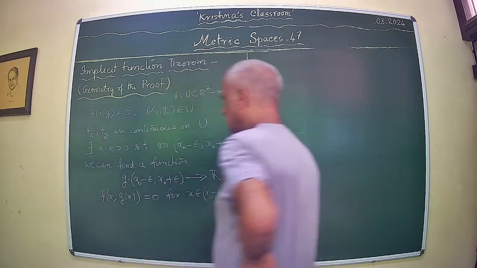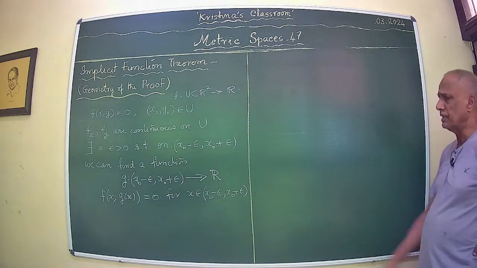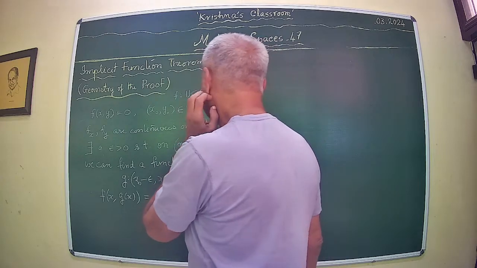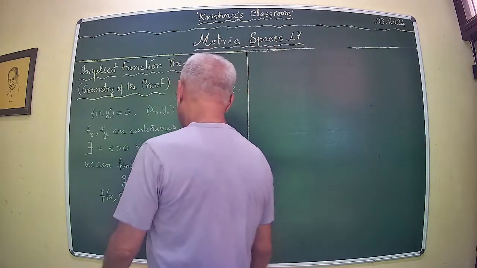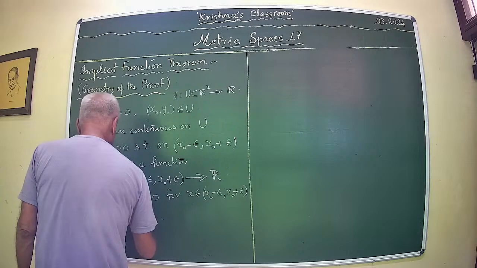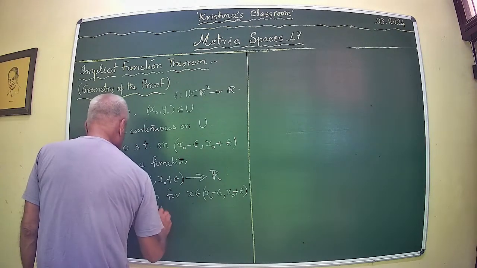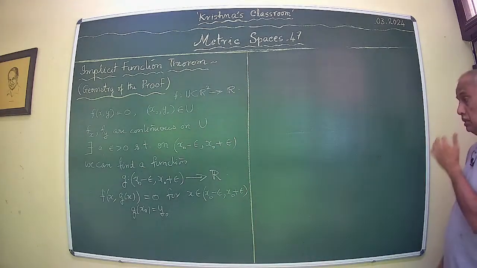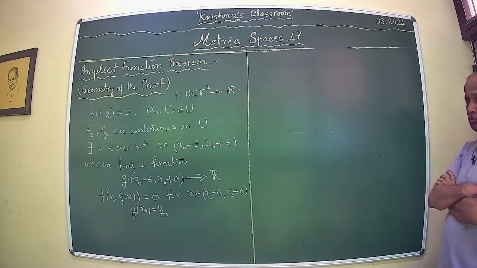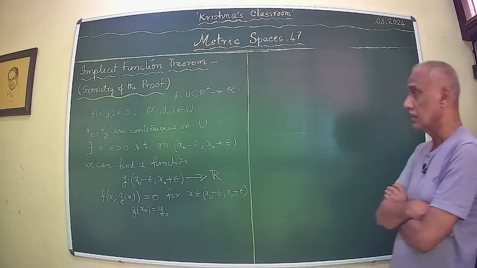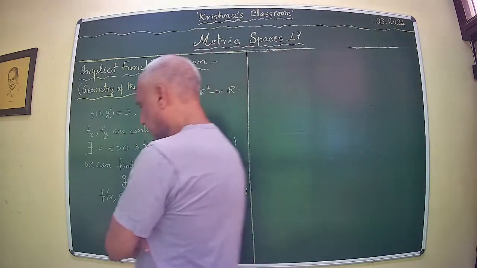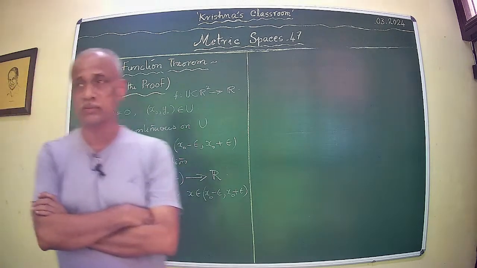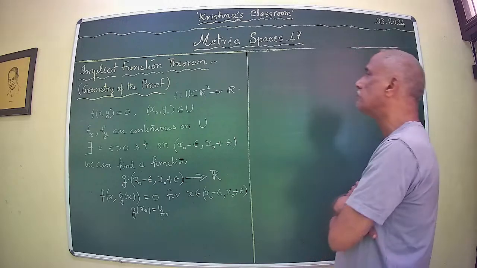This is what we wanted. That is, you can solve this equation in this form, where of course g(x naught) equals y naught. Now we assume g is, say, a continuous function with continuous derivative. Okay.